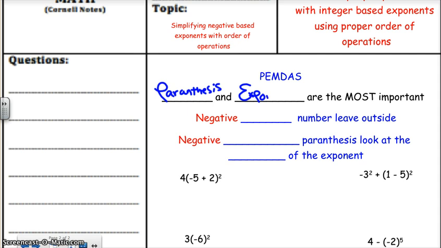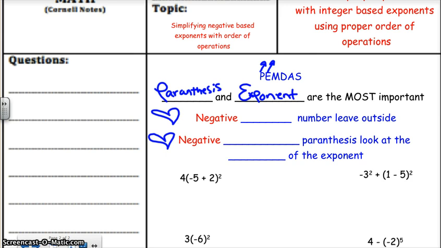Now you already know this because PEMDAS says this represents parentheses and this represents exponents. You already know that, but I reiterate it all the time. They're always the most important. Okay, we got two situations here with our negative bases.